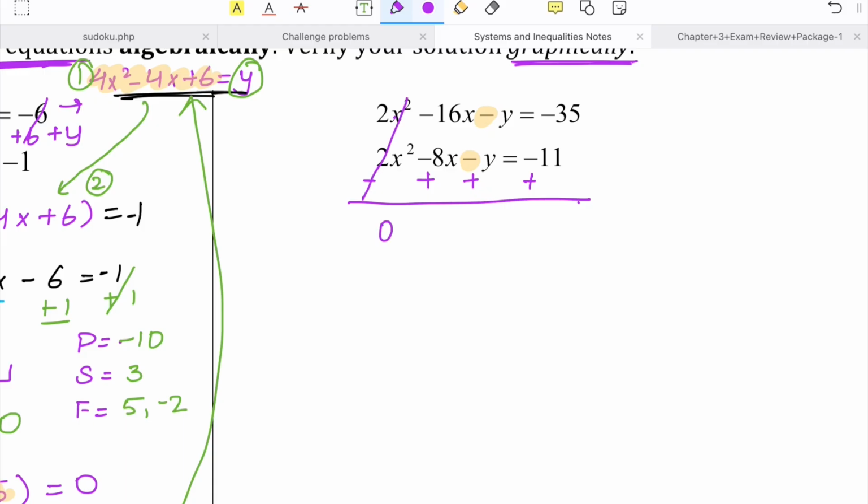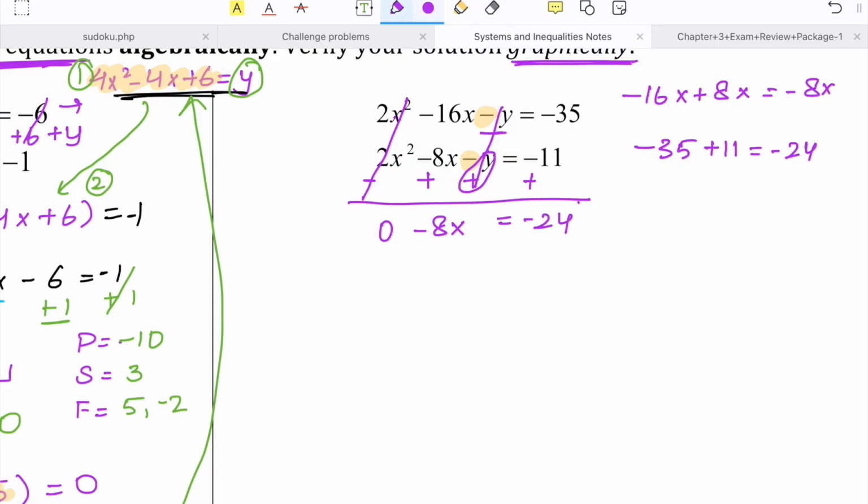Minus 16x plus 8x will be negative 8x. Negative y, positive y is 0. Negative 35 plus 11 is negative 24. So you're left with negative 8x is equal to negative 24.